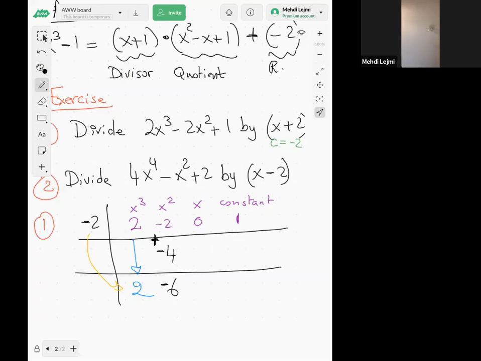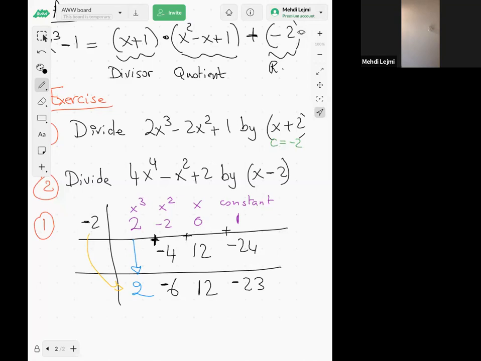And then negative 2 times negative 6, that would be positive 12. So 0 plus 12 is positive 12. Positive 12 times negative 2 is negative 24. 1 plus negative 24 will be negative 23.